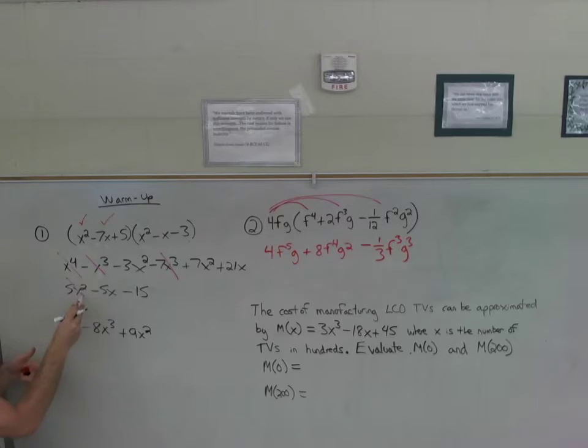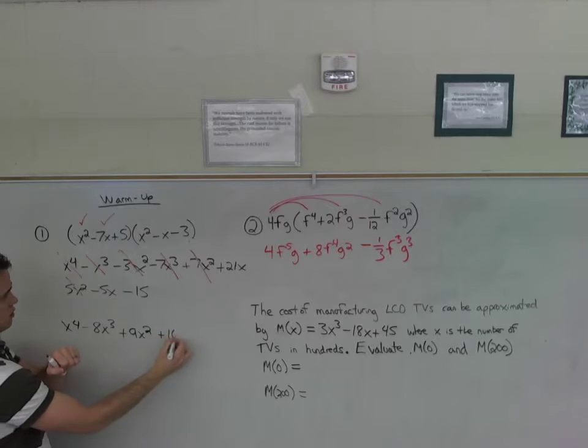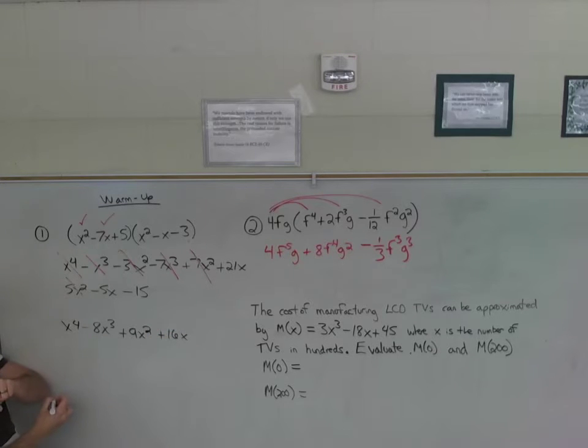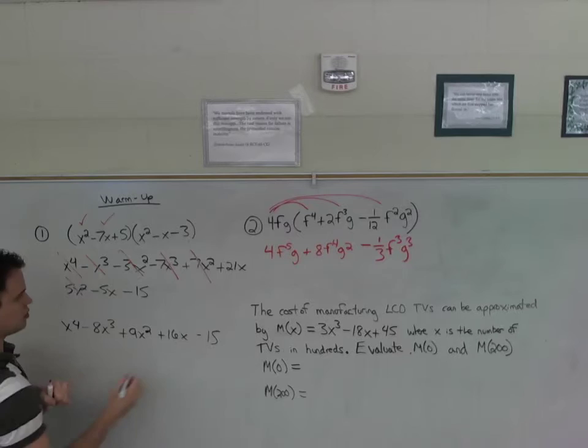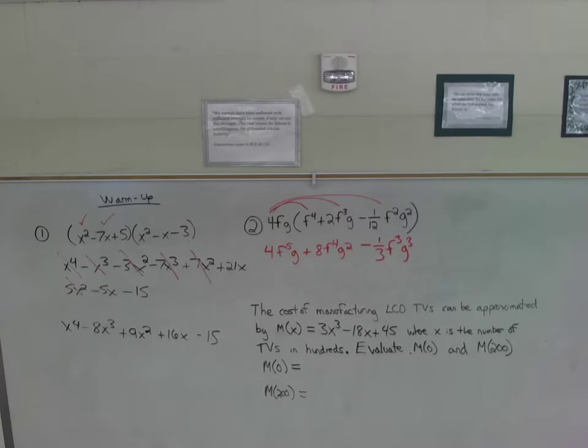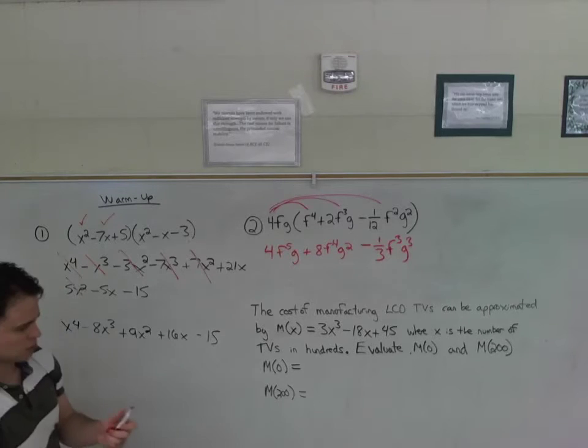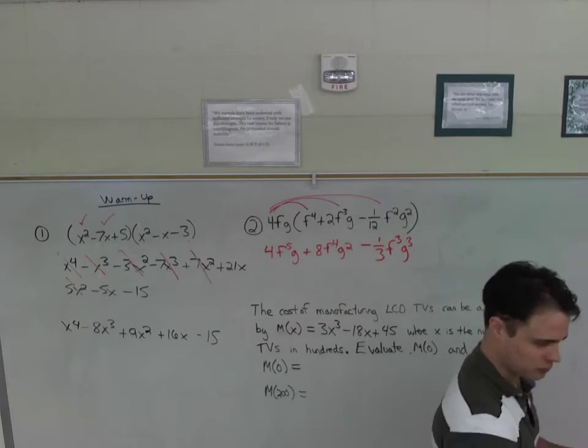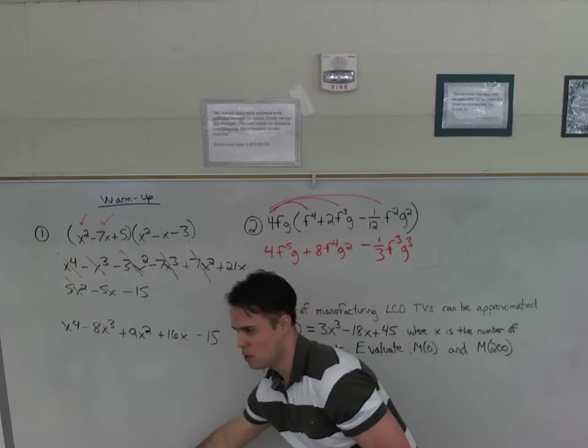Okay? X things, we've got those two. So 16, is that right? Yeah, and minus 15. Done. I like the lining them up suggestion though, that's pretty good. But you don't have to.